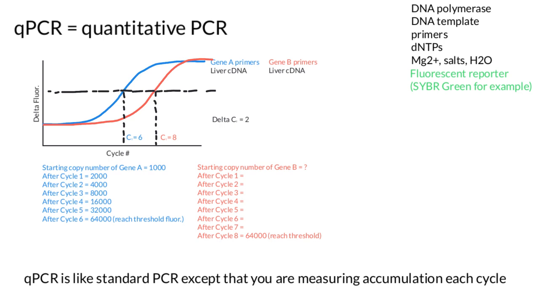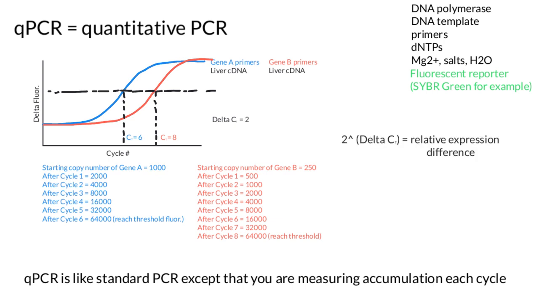Okay, so we know that gene B didn't reach the amplification level of 64,000 copies of DNA being made until cycle 8. What that number tells us, if we walk backwards through these different cycles, is that we had approximately 250 copies back here before cycle 1, which again is about a quarter of how much we had of gene A.